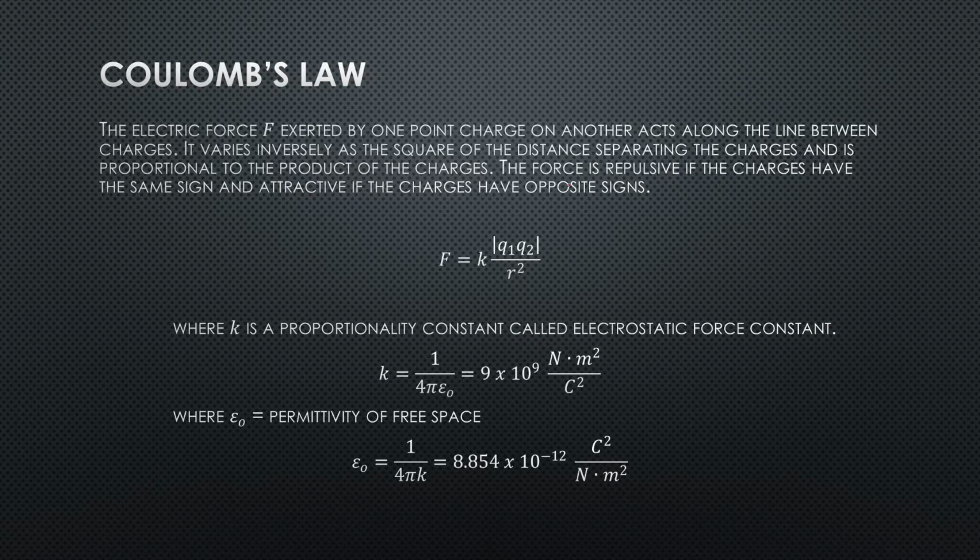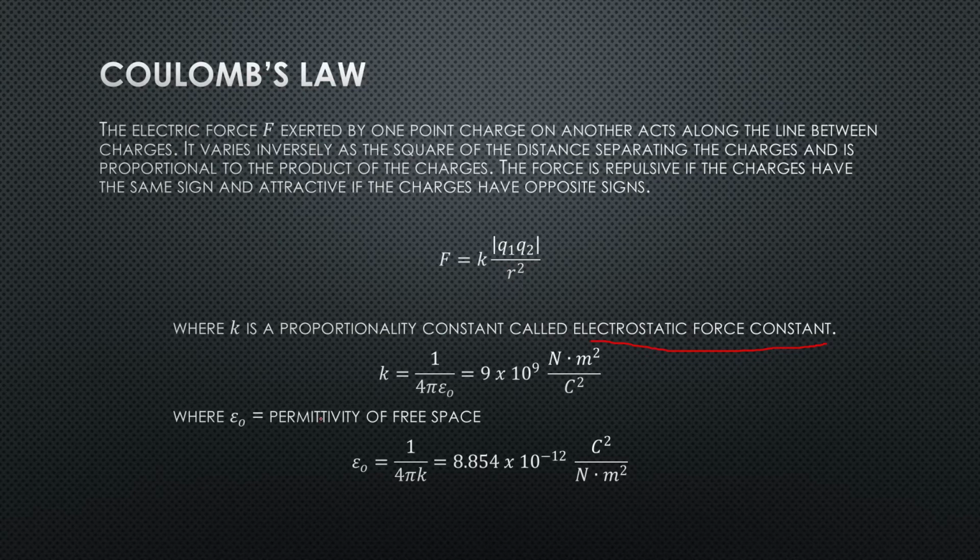The formula for the force under Coulomb's law is F equals K, a proportionality constant called the electrostatic force constant, approximated as 9 times 10 to the 9 newton meter squared per coulomb squared, times the absolute value of the product of the charges, Q1 multiplied by Q2, divided by the square of their distance.